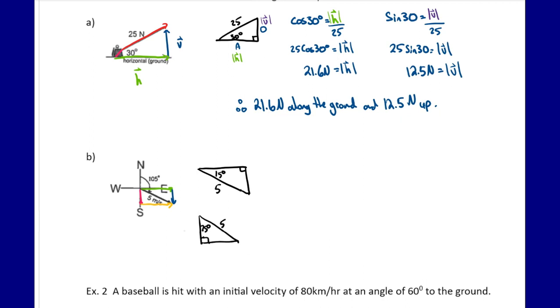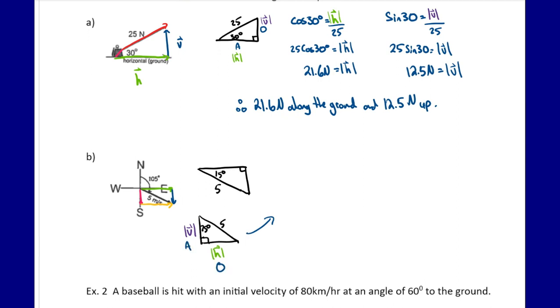So either way you choose to draw your triangle, you're still going to get the same idea. It's not going to change what the horizontal and the vertical components are. So it doesn't really matter which one you choose. I'm going to pick this one just because the triangle is laid out a little bit nicer. So if I want the horizontal and the vertical components, in this case, based off of the angle, my horizontal is my opposite, the vertical is the adjacent.